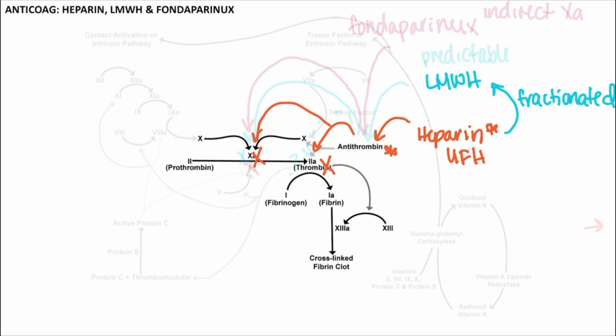So these low molecular weight heparins, like Lovenox, which is also known as enoxaparin, can still bind to antithrombin in a similar fashion, but because they are shorter polymers, they cannot all accommodate thrombin as well. So their effects lead to more specific inhibition of factor Xa with varying degrees of thrombin inhibition.